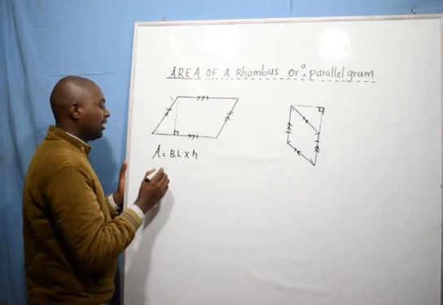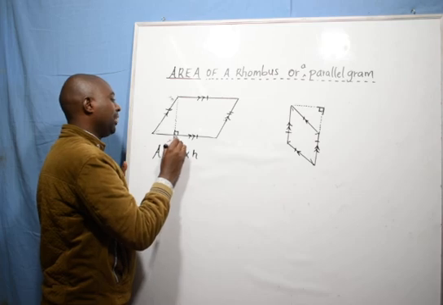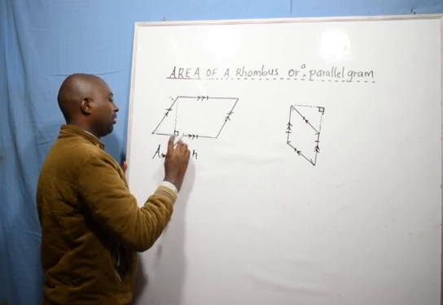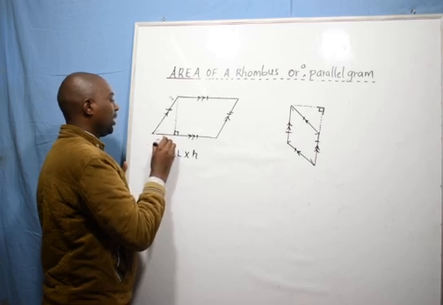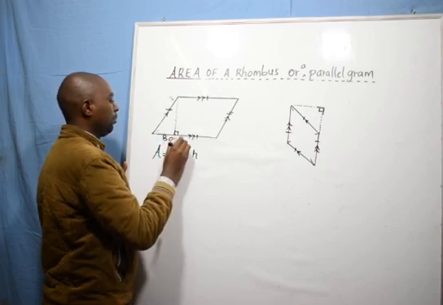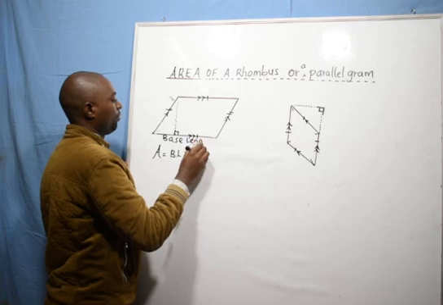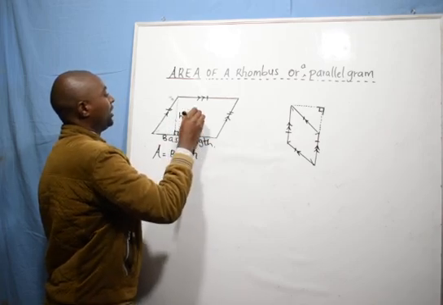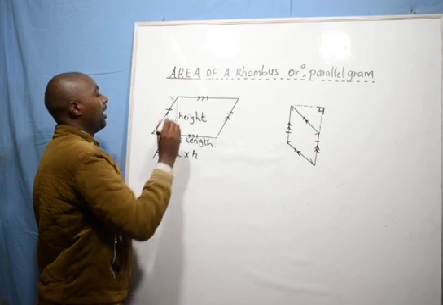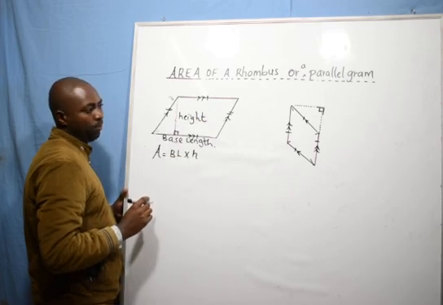Then there is the height. The line that has a right angle is known as the base length. Then I multiply by the height. Once you do that, you get the area of a parallelogram.